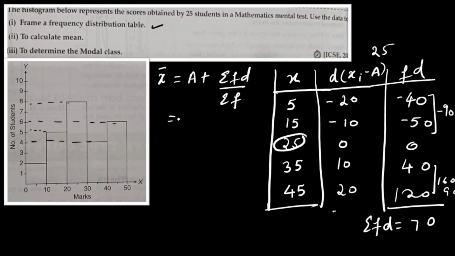So a's value is 25 plus sigma fd, this is 70, divided by sigma f, which we found is 25. So 25 plus this thing we can convert into decimals. 5 into 5 is 25, 70 by 25 is 14 by 5, so we can convert 14 by 5 into decimal.